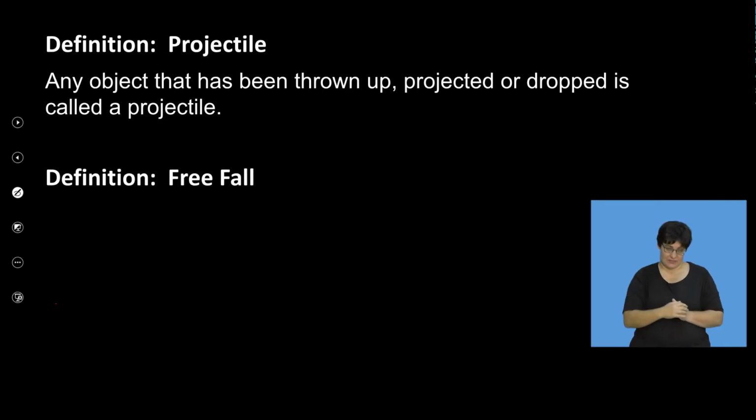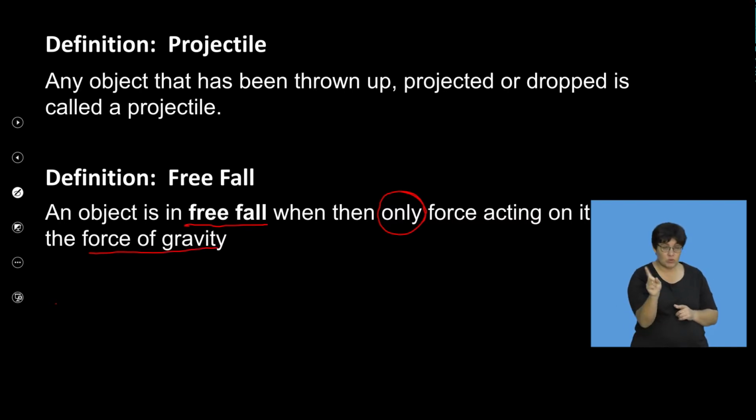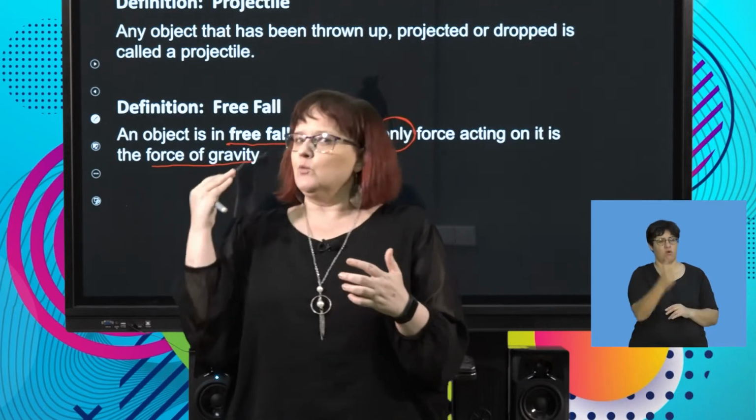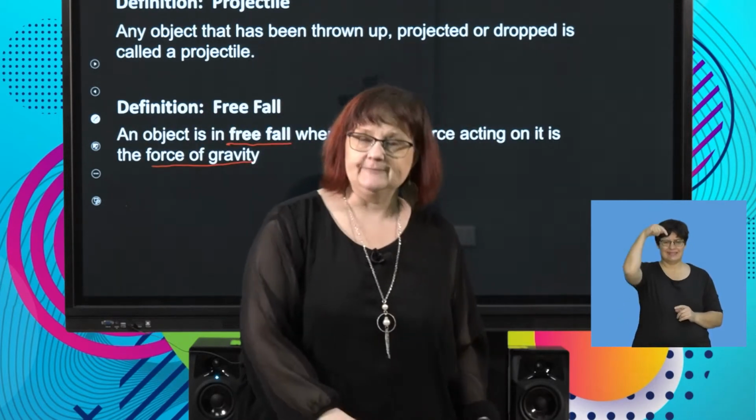Then we get free fall, and this is the definition that we struggle most with. An object is in free fall when, and this is very important, the only force acting on it is the force of gravity. This really doesn't sit well sometimes, because we hear the word falls, so we think it means an object must be going down.